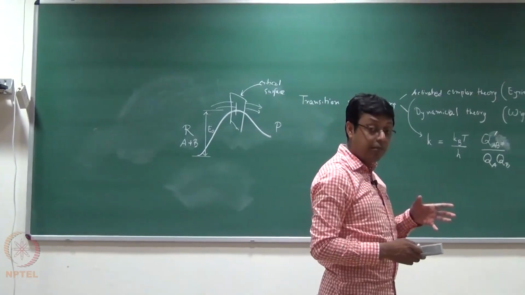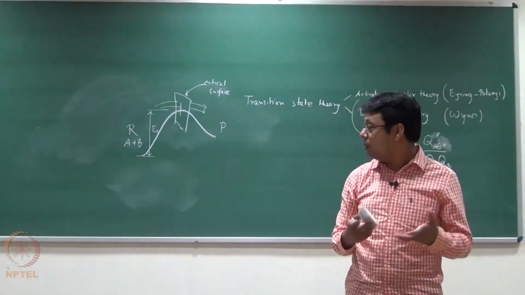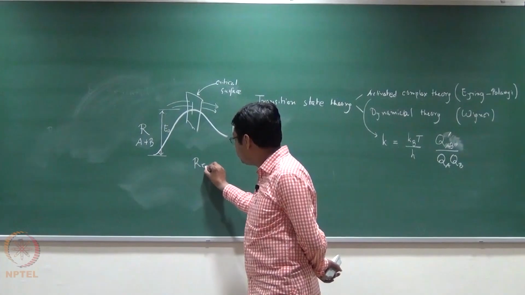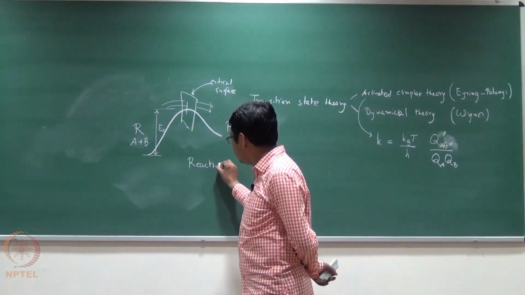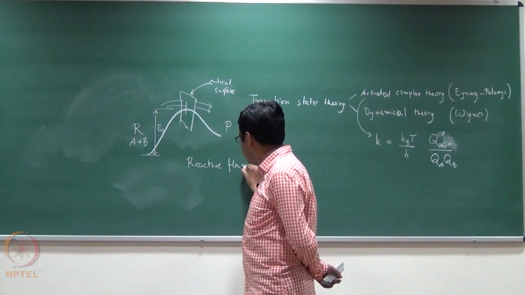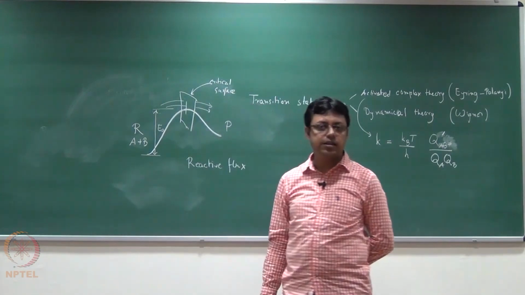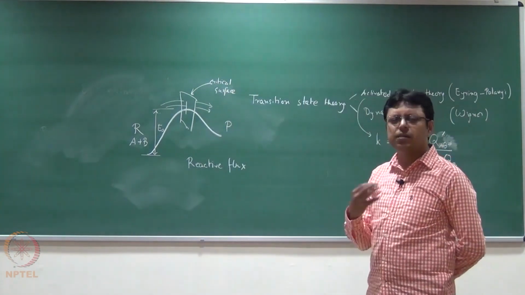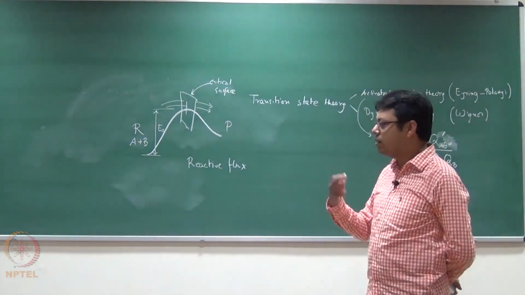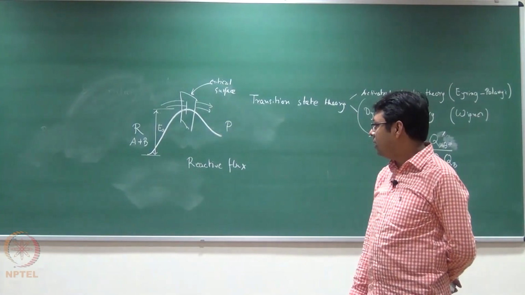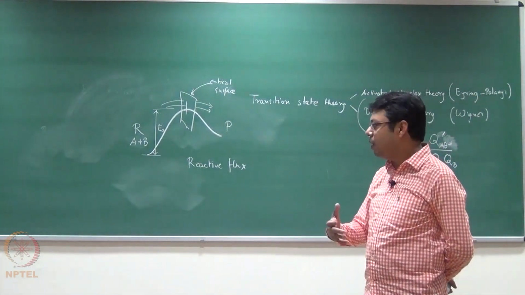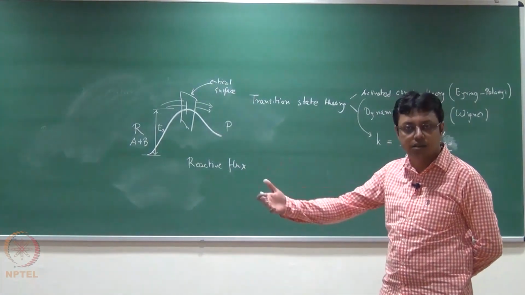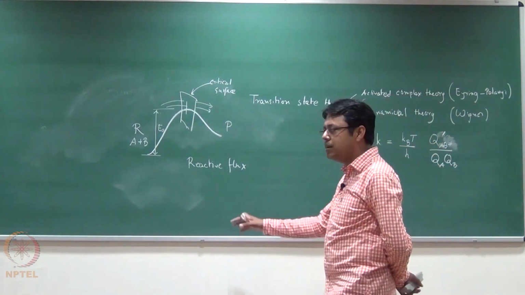Now, in the dynamical theories using quantum dynamics, using something known as reactive flux, we compute these trajectories by solving the Schrodinger equation of motion. But that is a very tedious job, because you have to do a sampling over many initial conditions of the reactants.